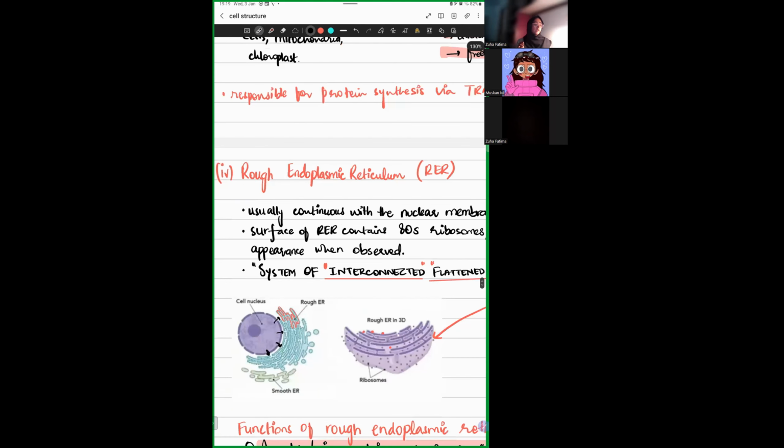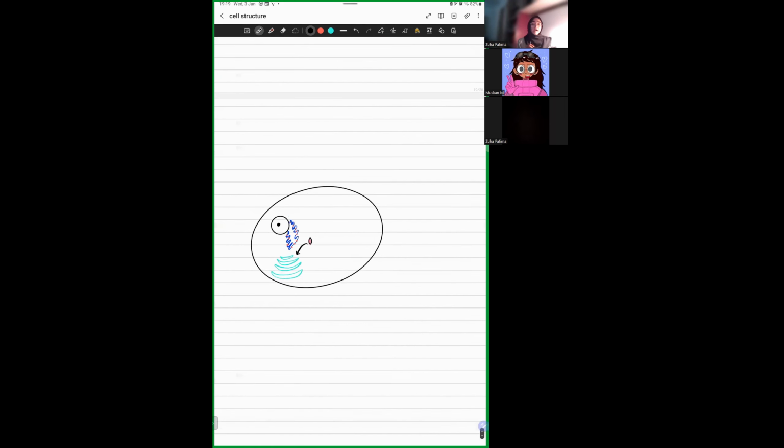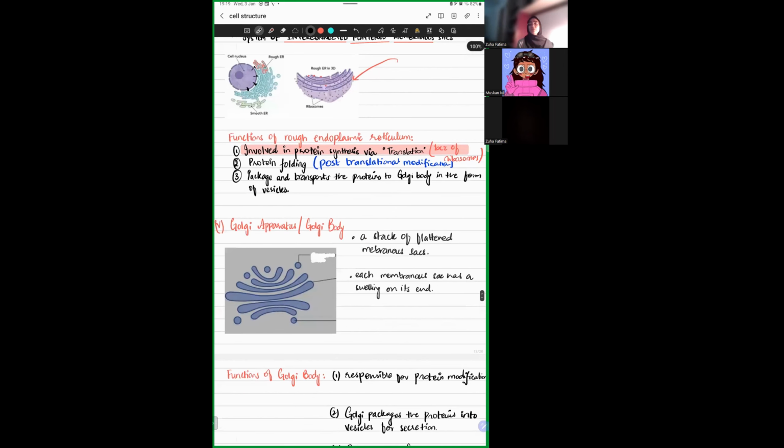However, if you look at the Golgi that I drew in this cell diagram and the Golgi that I have pasted over here, you would notice that yes, there is a system of membranes, but they're not interconnected. Every single layer, every single membrane is separate from one another. There is no connection. They are stacked upon one another.